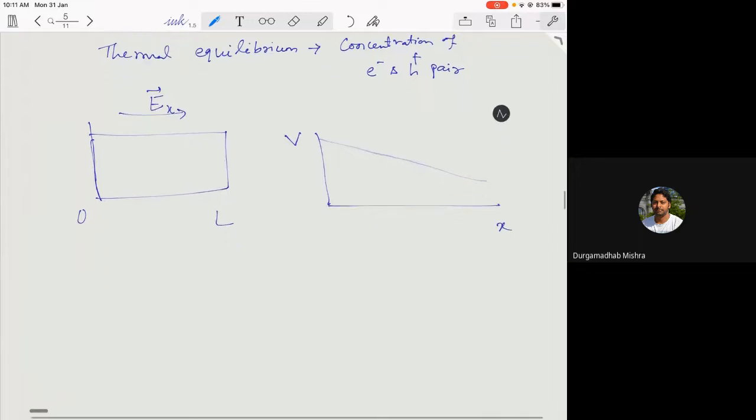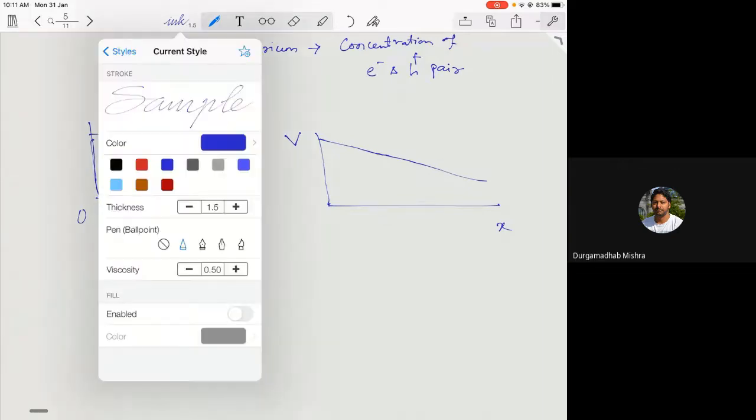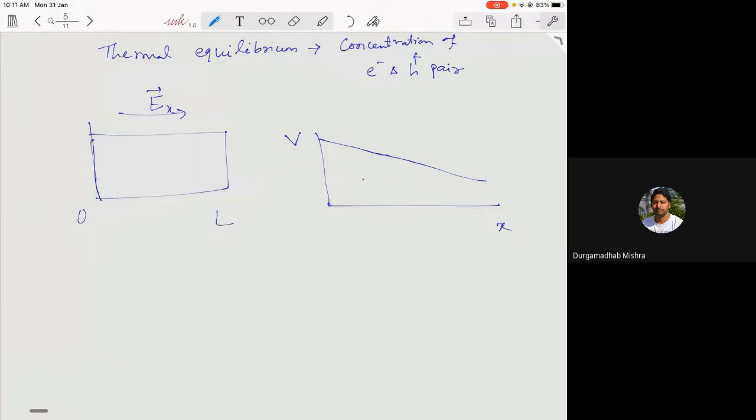Or if I plot the potential energy of the electron in the material, it will be, let's say, some minus eV here, and on the other side it will be high, let's say 0. So if I say the potential difference is V, that is the voltage I am applying.